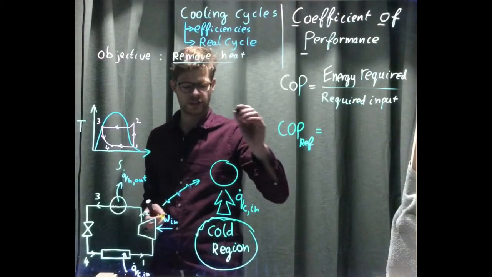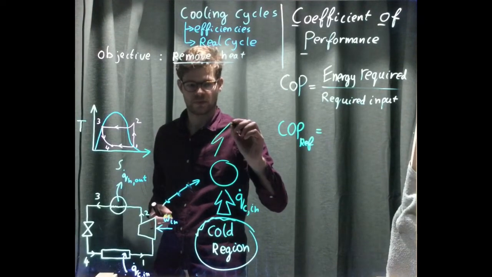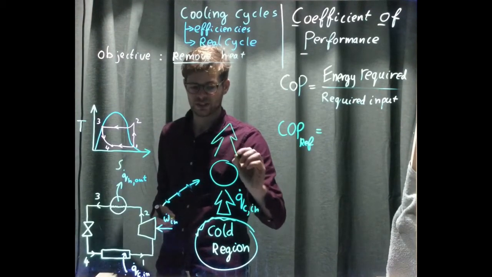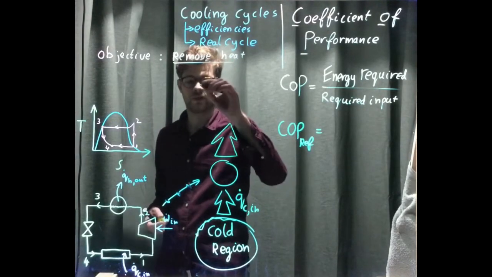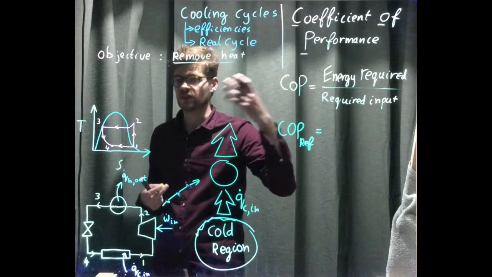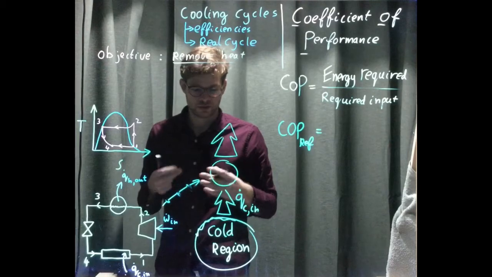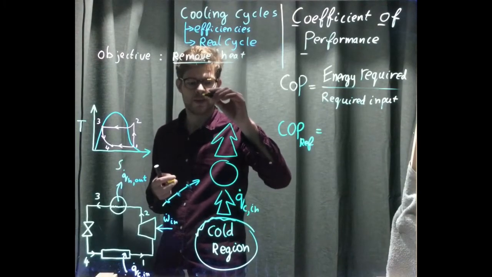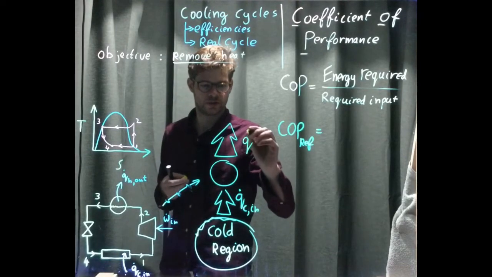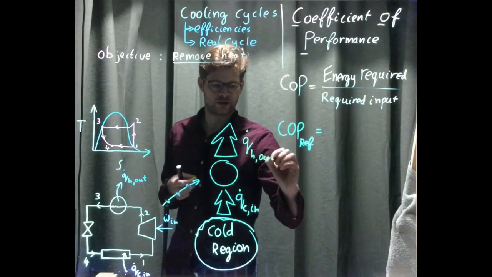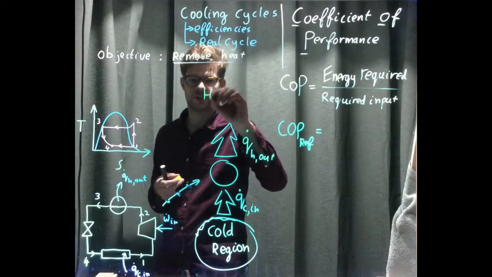And out comes waste heat, but in some cases it can be used efficiently to, for instance, heat the city or whatever, if you're talking about industrial refrigeration processes. Q hot comes out, and usually it's just waste heat, to a hot region.